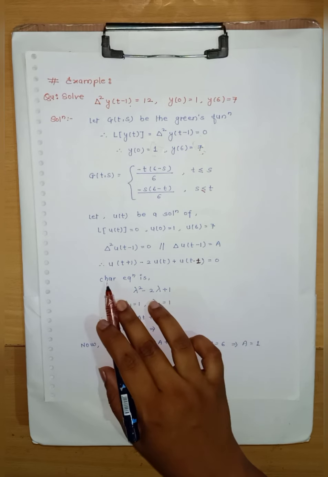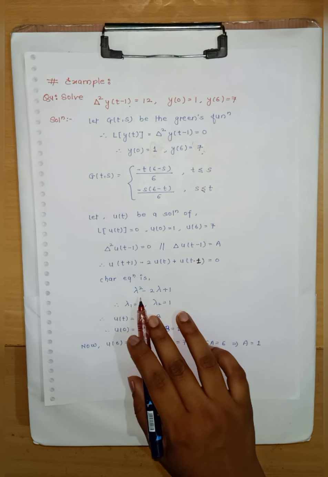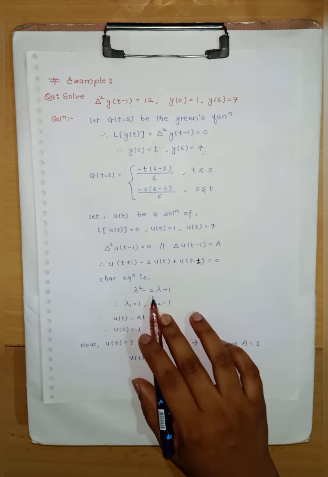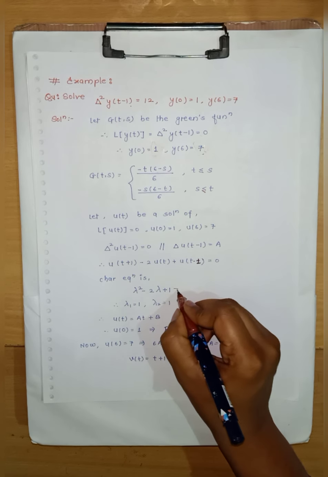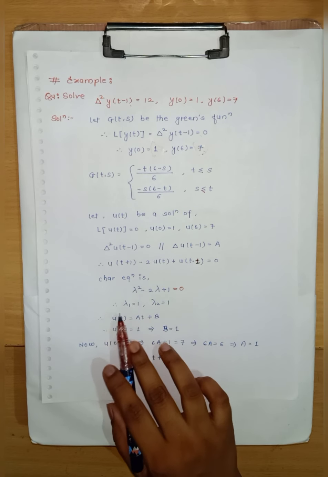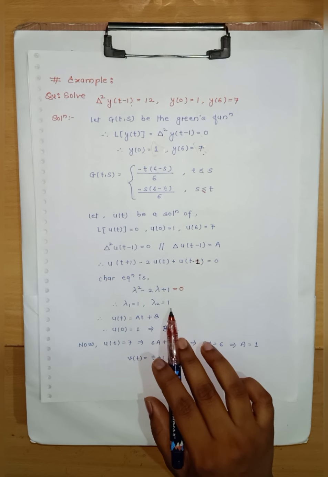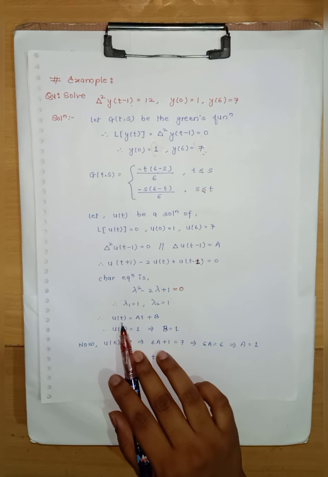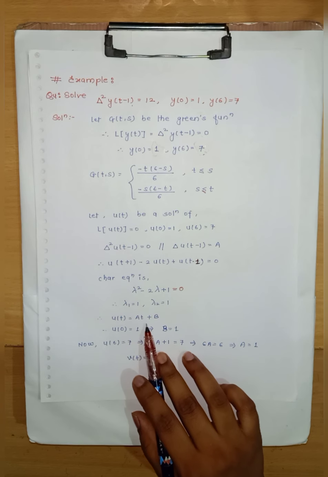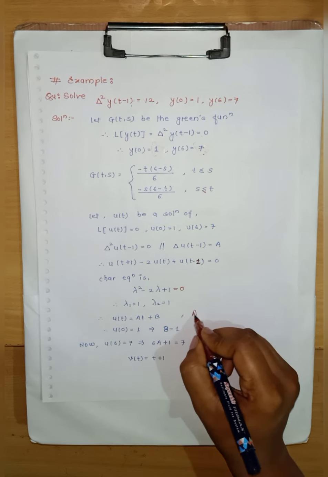The characteristic equation of this is λ² - 2λ + 1 = 0. So the characteristic roots are λ1 = 1 and λ2 = 1. Therefore u(t) = at + b, where a and b are constants.